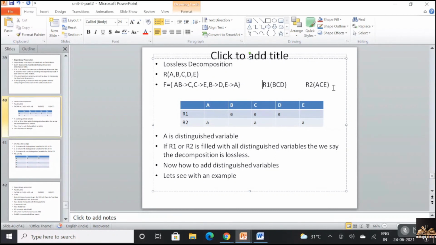Now, in order to prove that there is no loss of information, I create a table with the column headings as the attributes of the original relation. How many are there?